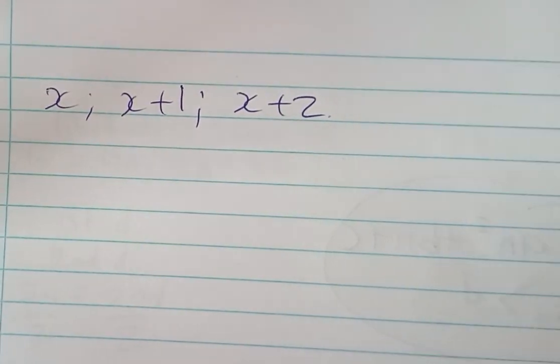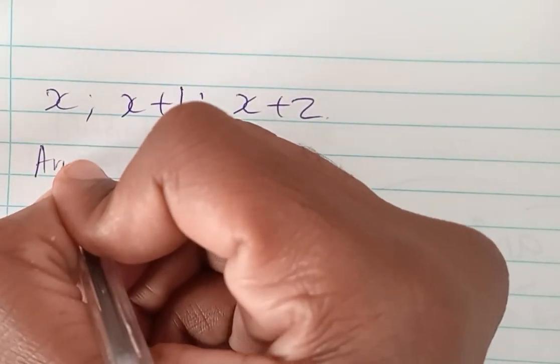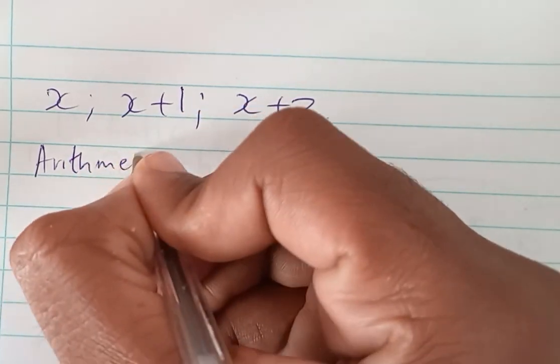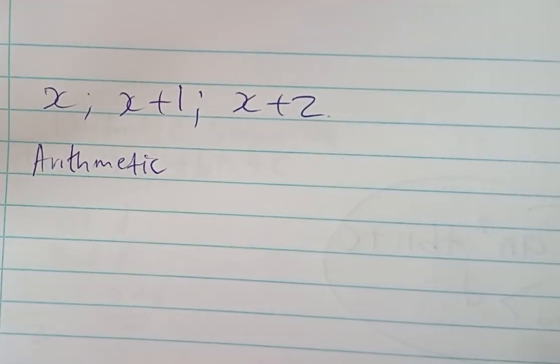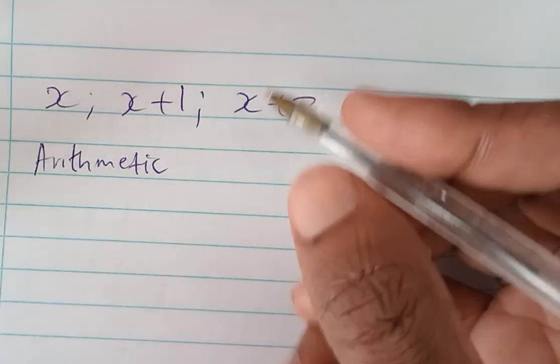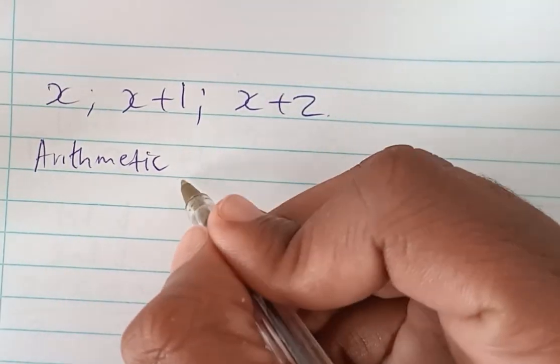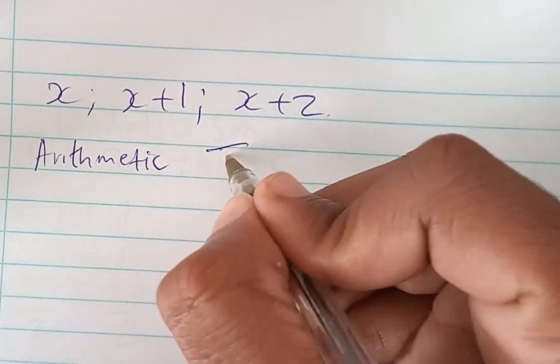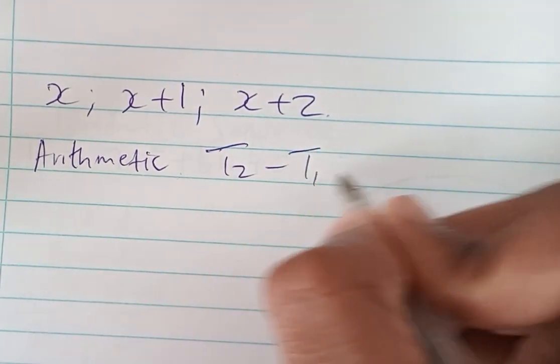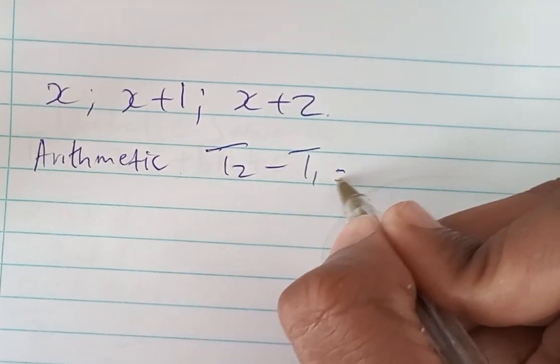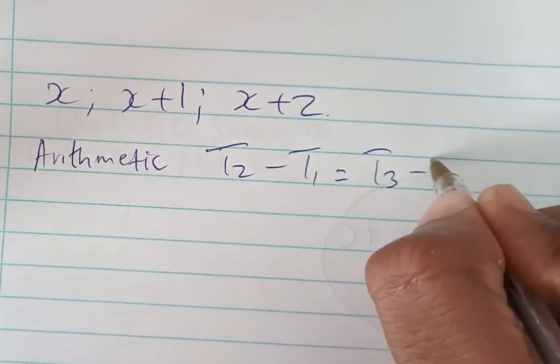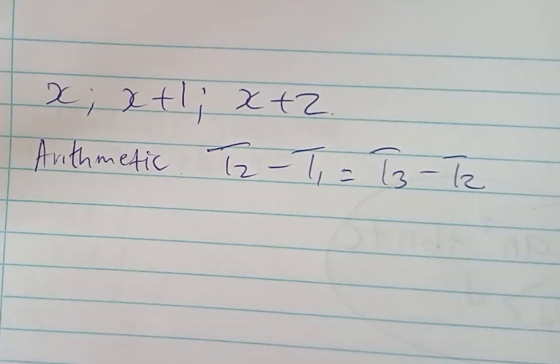If it's an arithmetic sequence, you will use the difference, which will be t2 minus t1 is equal to t3 minus t2. When you are given an unknown, that's what you should use.